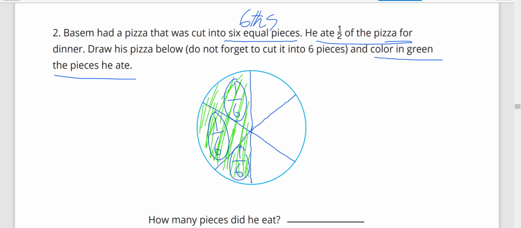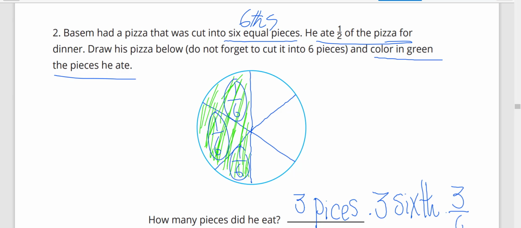So how many pieces did he eat? 3 pieces. Or we can write it as 3 sixths, or 3/6. The next page.